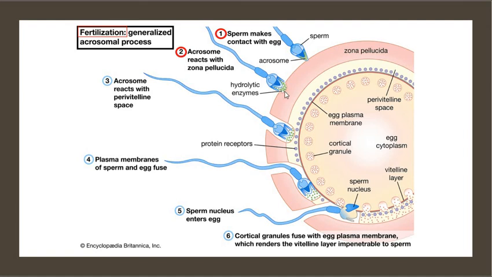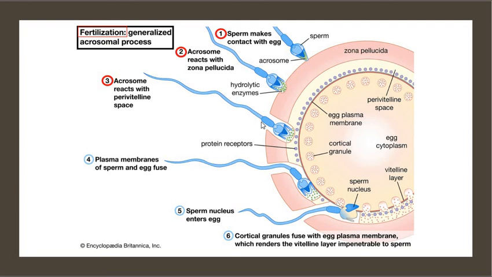Okay, and it digests through that entire layer. This is kind of a protective jelly-like layer that's on the outside of the egg. Then it goes in and it enters a space that's between the jelly-like protective layer and the egg itself.